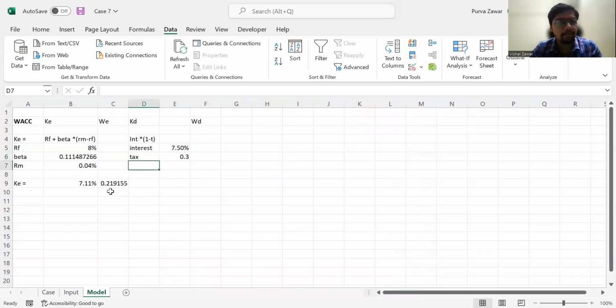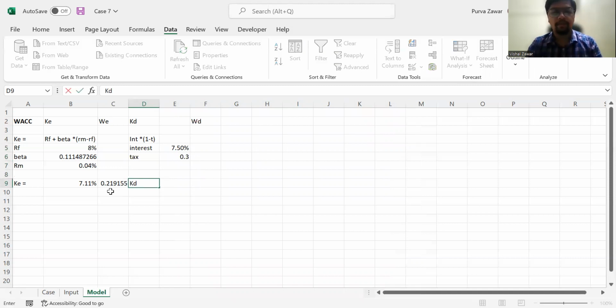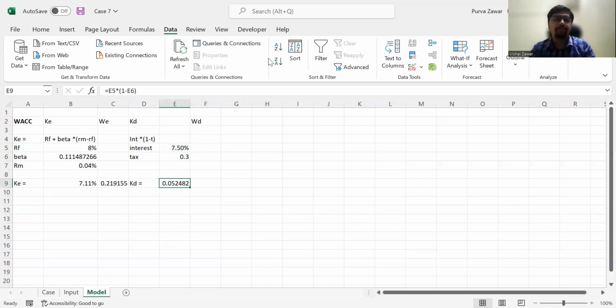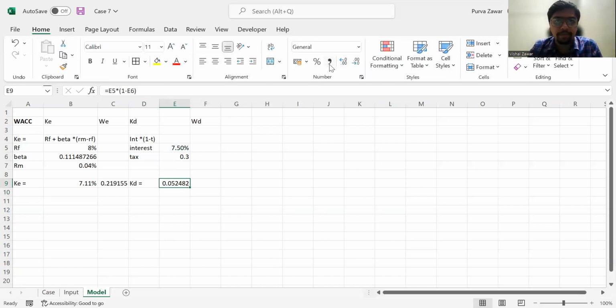You can take any rate right now. And KD will be equal to interest rate into (1 minus tax rate), around 5%.